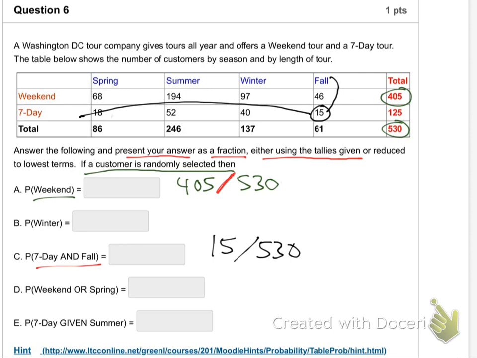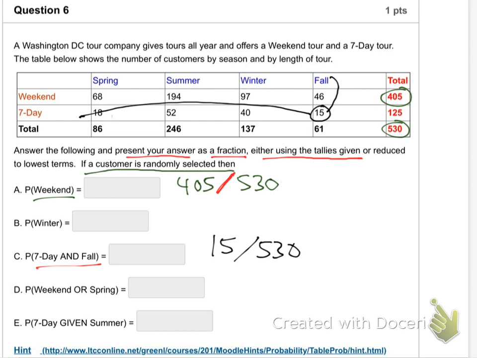There's just 15 people that went on a 7-day trip in the fall. So in this case, the and actually means we just grab one. So when you have a big box, and means find where those categories intersect. Does that make sense? 15 people had a 7-day pass in the fall.